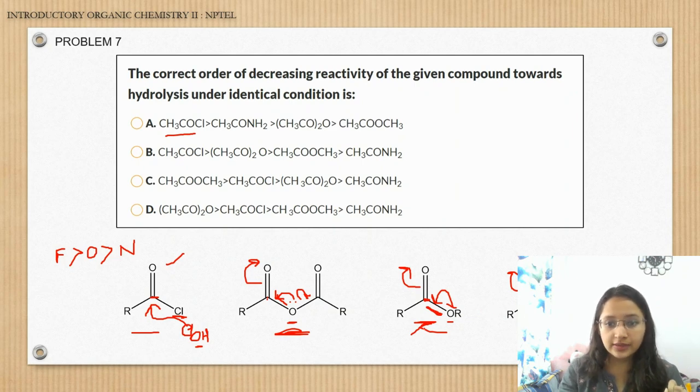Just mind that here there is also a conjugation and a partial double bond character developing between carbon and oxygen, but due to electronegativity the oxygen is not as effective a donor as nitrogen. So that is why it is also electrophilic, but the least electrophilic carbon amongst these four species is with amide, because the ease of delocalization here is very high.